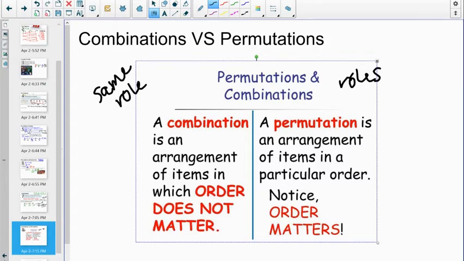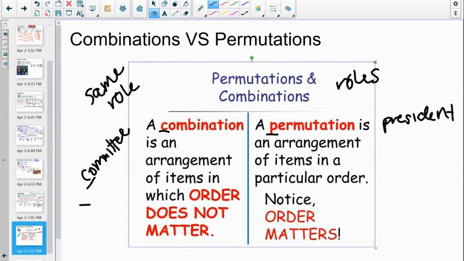Versus combinations, remember, combinations are the committee type problems. Think committee, combination. Think permutation, president. Those president type problems with the different rankings. So in combinations, all of them have the same arrangement, the same role.